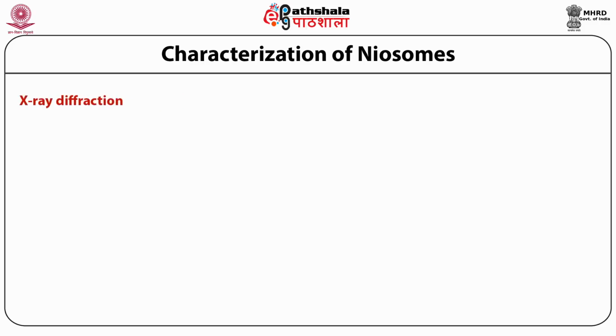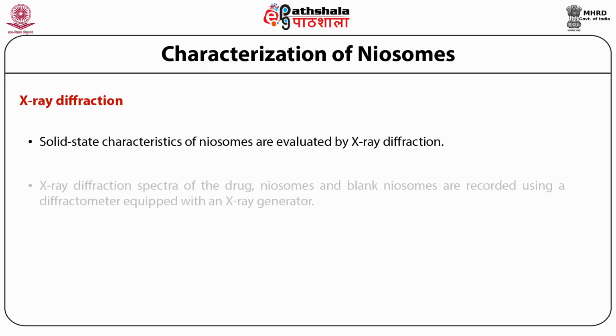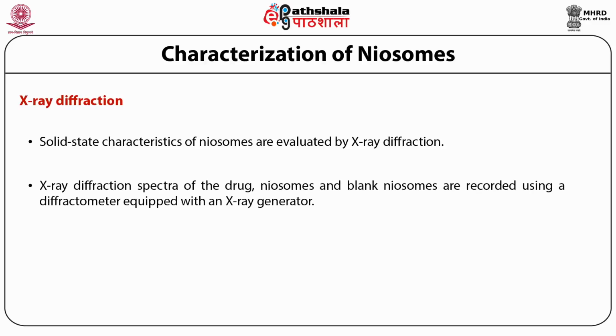X-ray diffraction. Solid-state characteristics of neosomes are evaluated by X-ray diffraction. X-ray diffraction spectra of the drug, neosomes and blank neosomes are recorded using a diffractometer equipped with an X-ray generator.